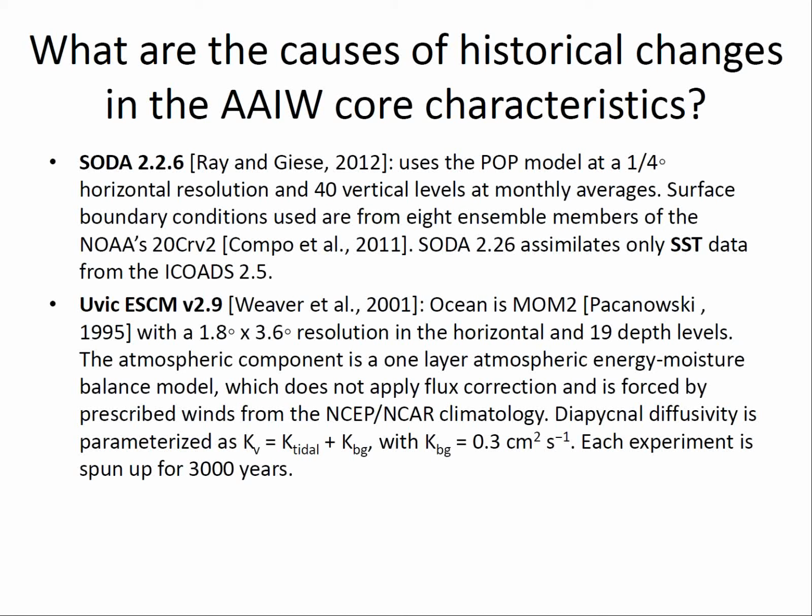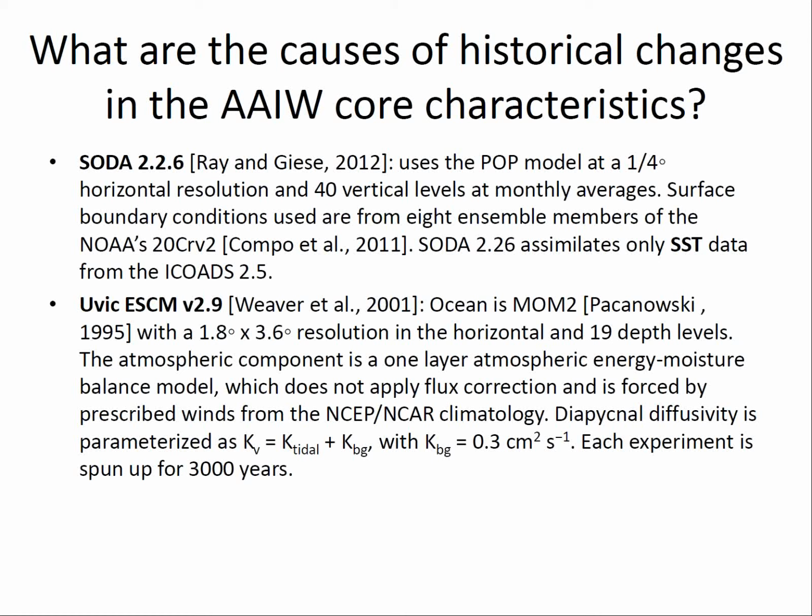So we use two different models for this work. One is the SODA 2.2.6. This version of SODA is a 1/4 degree horizontal resolution model with 40 vertical levels, in a monthly phase.